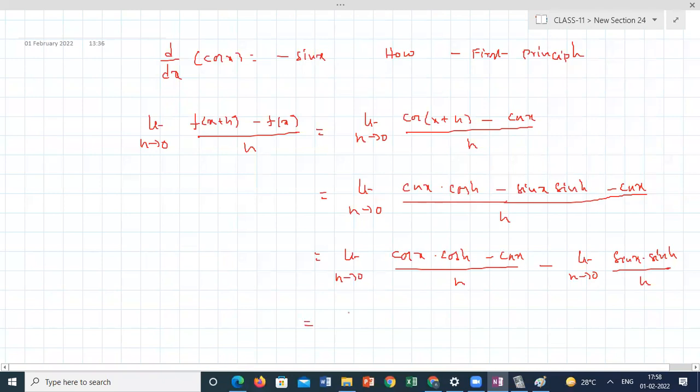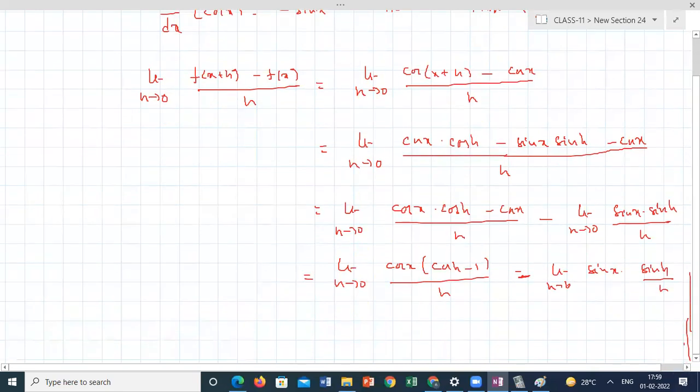This will be limit h tends to 0. If I'm taking cos x common, this is cos h minus 1 divided by h. This minus limit h tends to 0, written as sin x into sin h by h.